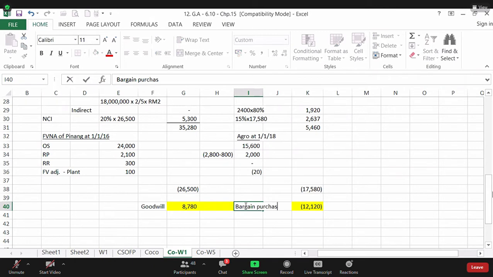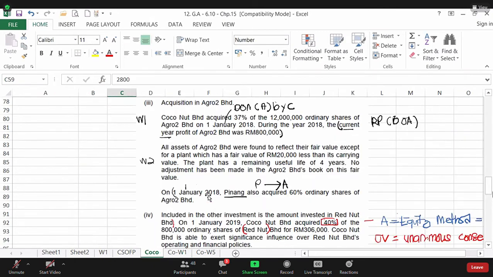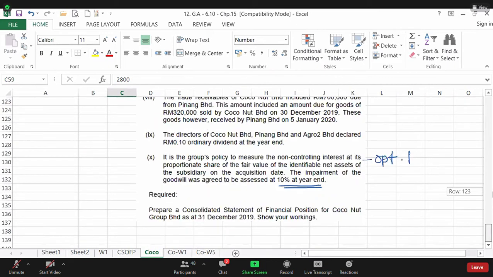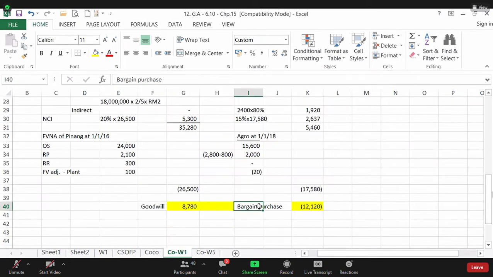So when you have bargain purchase, and we do have impairment, which one do I have to calculate? Should I calculate bargain purchase too to find impairment? Cannot, because now bargain purchase is not a non-current asset. The double entry is you need to debit and credit what?